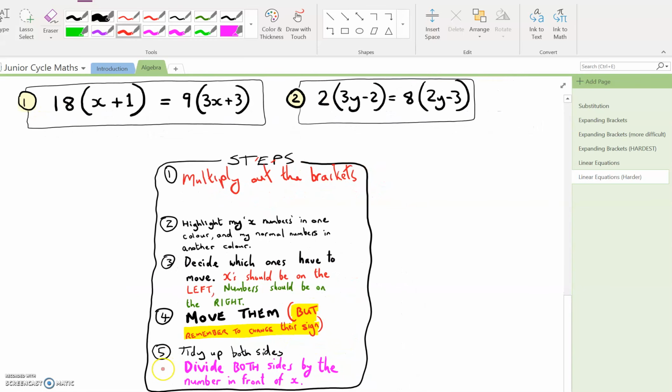Remember, this is the final step, step 6. So you start off by multiplying in, deciding what to move, change the signs if necessary, tidy up both sides, and then divide by the number in front of x. So pause the video now and give those 2 questions an attempt.